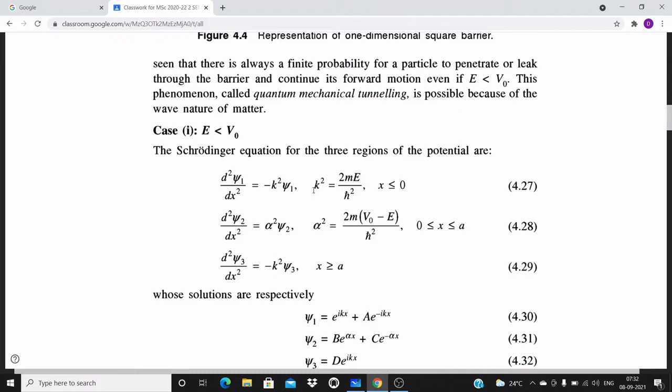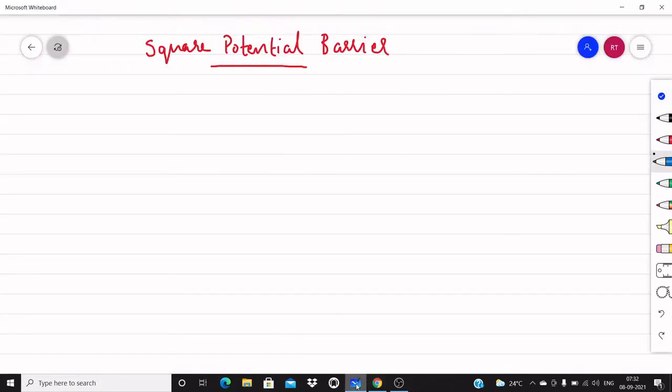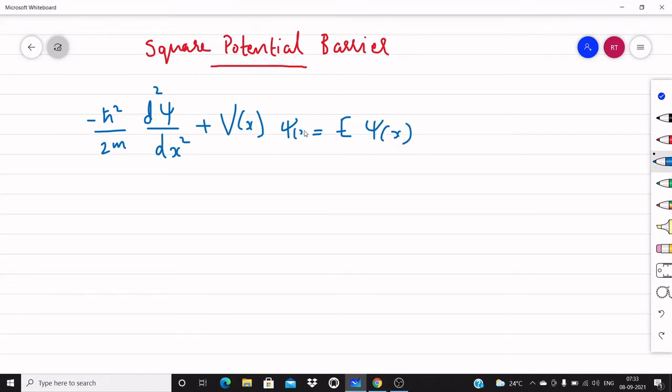If you want, I will write it. Our general Schrodinger equation is minus h cut square by 2m d square psi by dx square plus V of x into psi is equal to E psi of x, because we are dealing with one dimension.